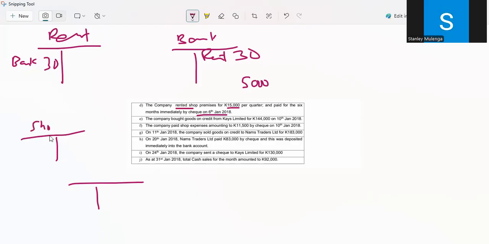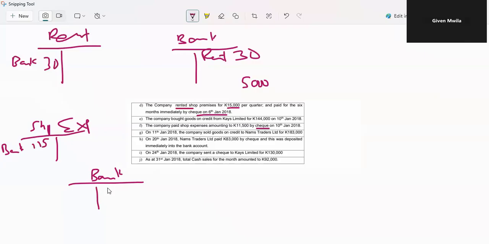Against what? Bank. So you need to identify the two elements. So all expenses under payrolls have a debit balance. So here we're going to say what? Bank 115. Then shop expenses. Where are we crediting?